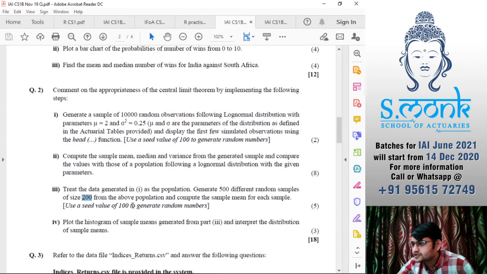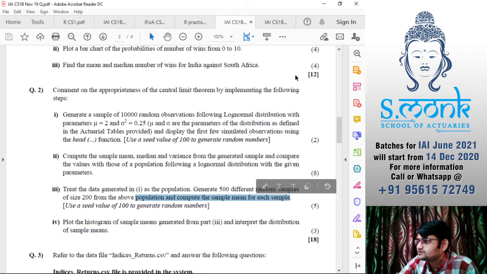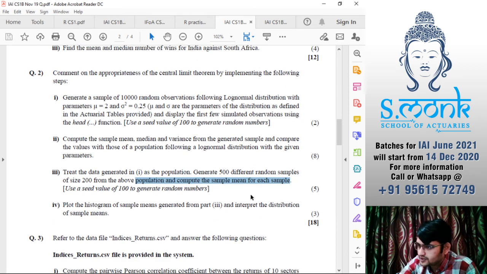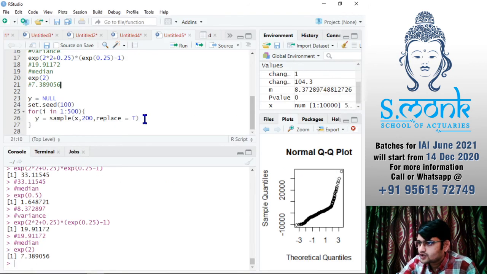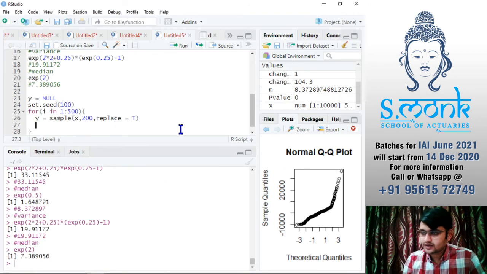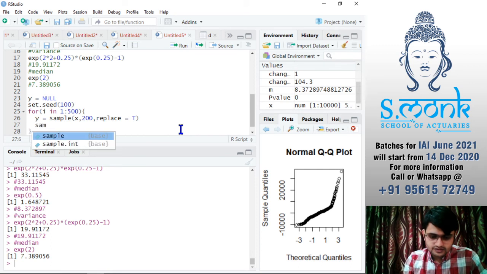Anything else they are saying? From the population and compute the sample mean of each sample. So we want the sample mean of each sample. So this is a sample. I'll say sam mean will be equal to mean of y.